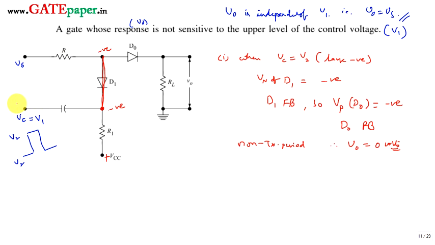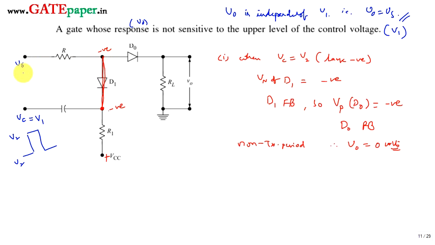V2 is a large negative voltage. That large negative voltage is greater than even VCC, so that the effective voltage at this point is always negative, and negative voltage you are applying towards n side of the diode, so that this diode D1 comes into forward bias. Whenever it comes into forward bias, it acts as short circuit. As it is short circuit, voltage on P side and N side must be the same. So as N side is at negative voltage, that negative voltage will appear over here.